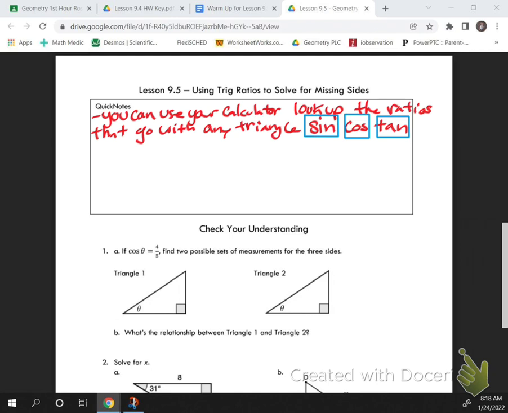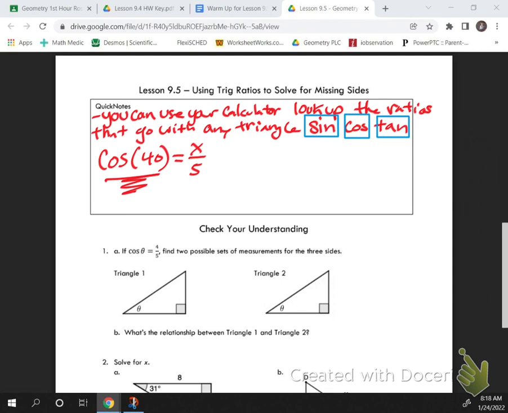Basically, what we had set up before is if I know an angle, like we did in that last example, and I knew a side, this will give me a number in the calculator, right? And then I can cross multiply, right?